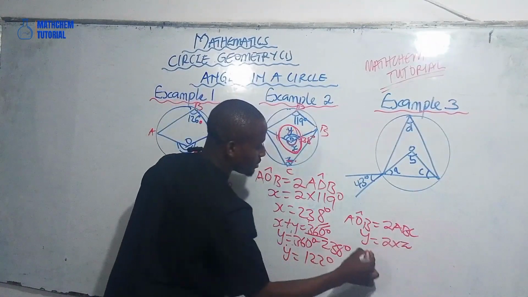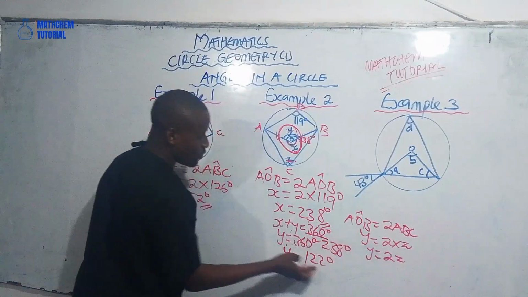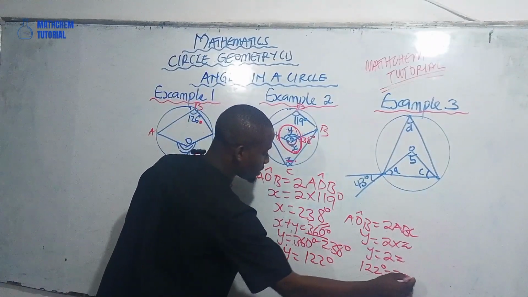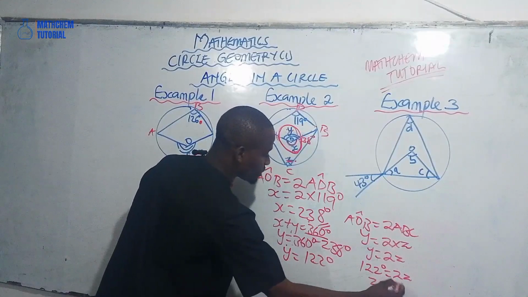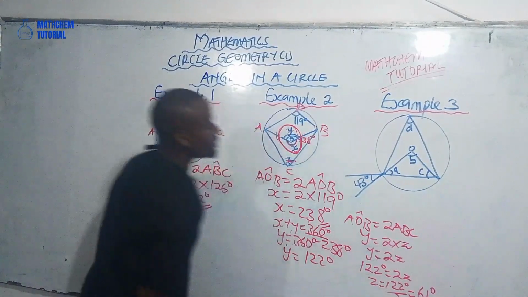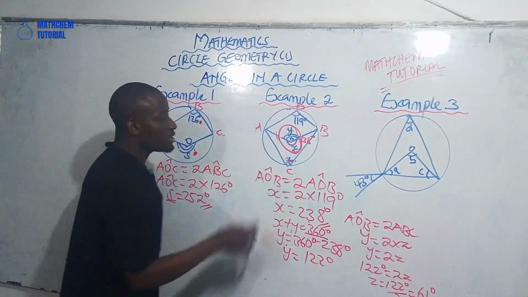So y equals 2z. What is y from here? y is 122, so 122 degrees equals 2z. And z is going to be 122 degrees over 2, and that is 61 degrees. So the value for this z is 61 degrees.